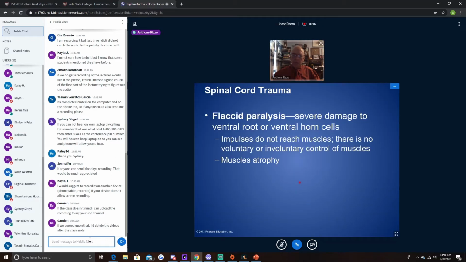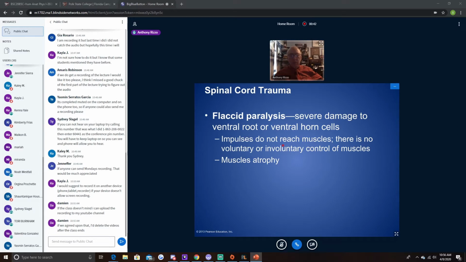If a person, now think about this and follow along. If a person has paralysis of the lower motor neurons, then motor impulses do not get to the muscles, and the muscles will just be flaccid.